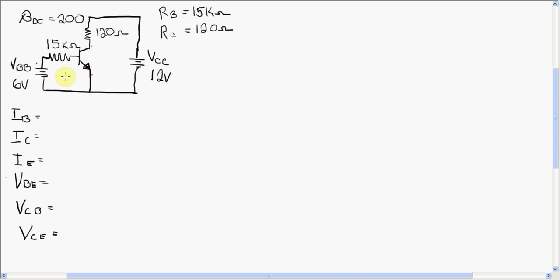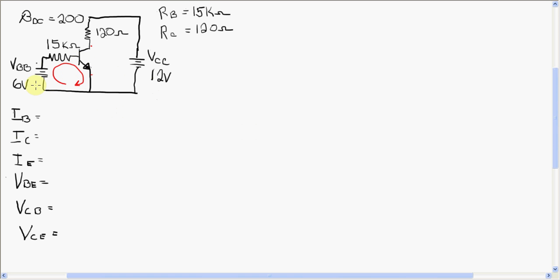The first one, probably the easiest to find, is if you imagine this VBB, or this 6-volt supply, as powering this loop here. Remember, everything comes out the emitter. So there are two paths in: a base and a collector come into the transistor, and everything's coming out the emitter.